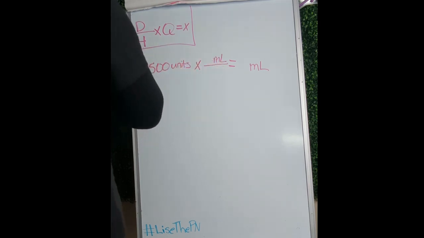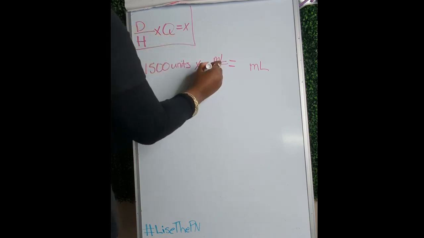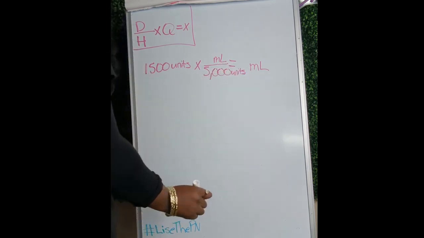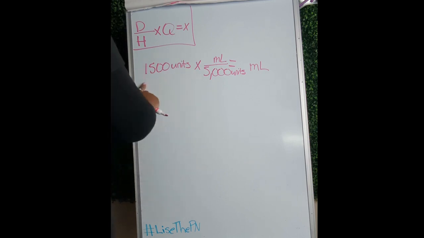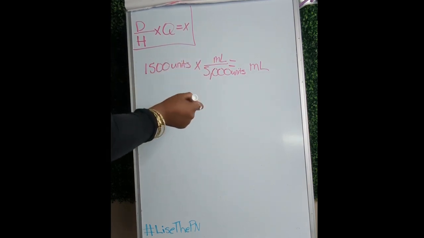Okay, so we see here that it is 5,000 units in this vial, and the doctor ordered for 1500 units. So this is how we would do this.